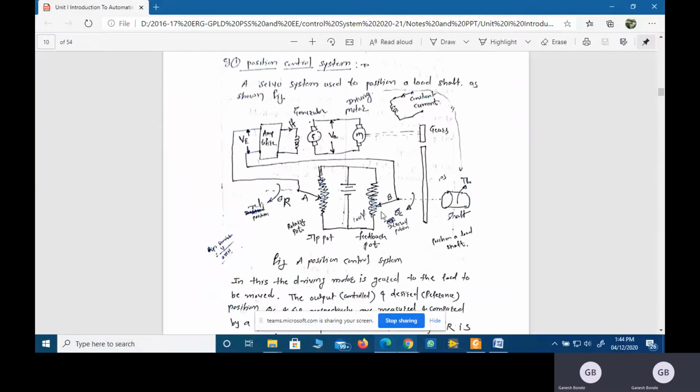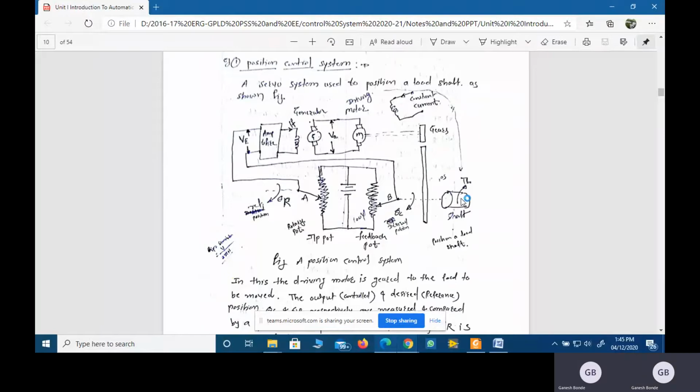Here is a similar example, so that you will get the idea how this DC position control system works. This is the best example of a generalized position control system. In this position control system, we have to maintain the position of this shaft.